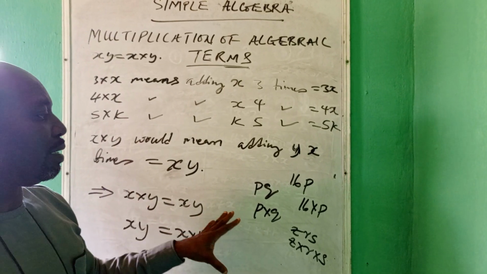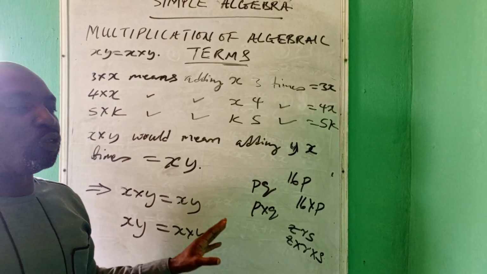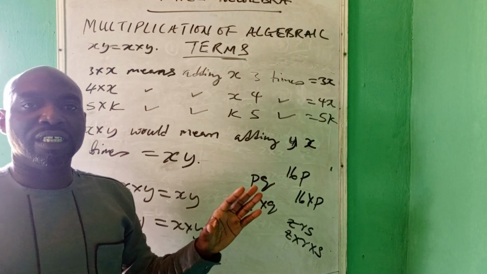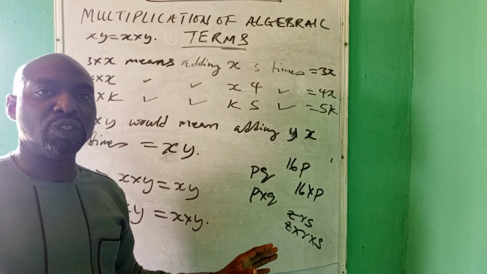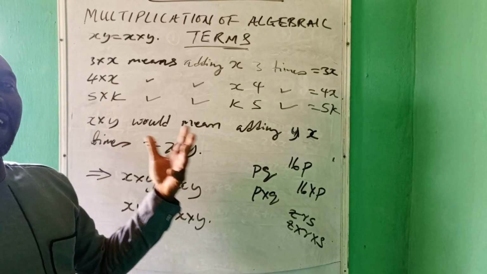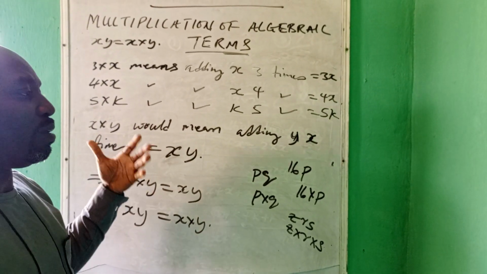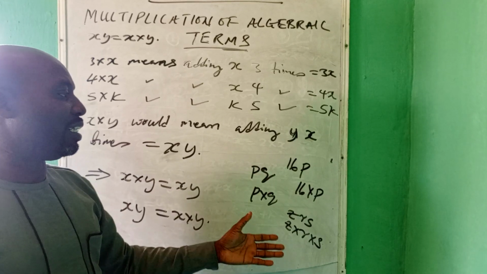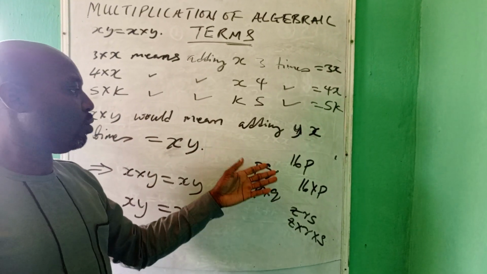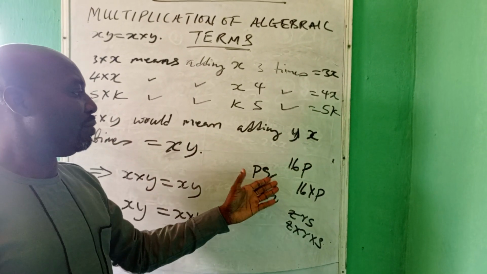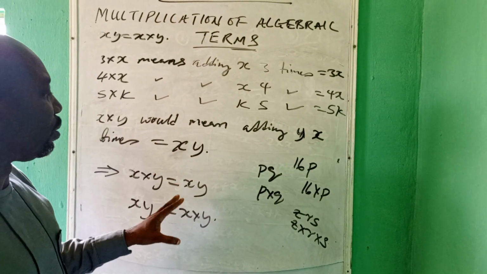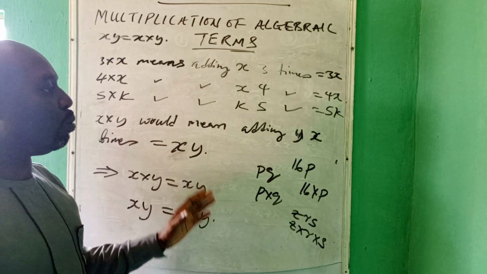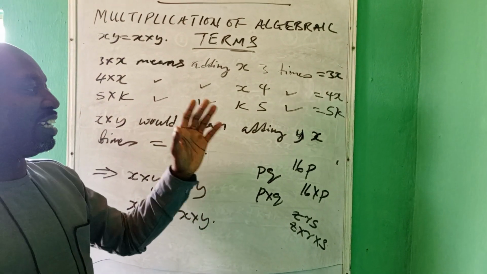So on my channel, I'll try to make sure that as high school students watch my maths videos, all those things you may have crammed, you will now know why we say 16p means 16 times p. There is always an invisible multiplication sign between letters or between a number and a letter.